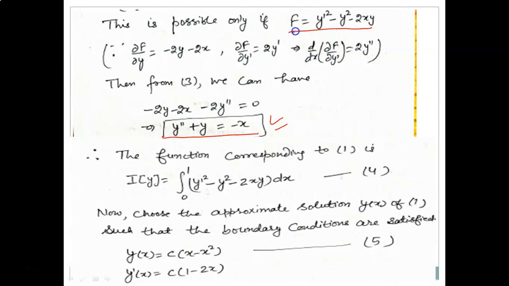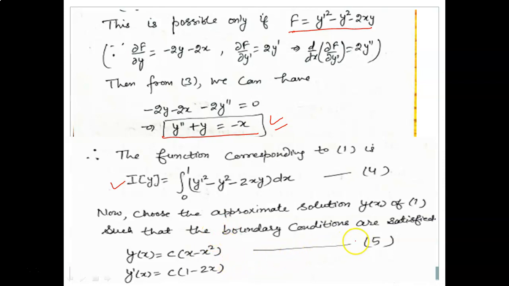Once you obtain the value of f, you can form the corresponding functional, and the functional is given by this I[y] equal to integral from 0 to 1, and here f is this thing. So substitute it here. Next is to find the approximate solution. So how to find the approximate solution in this case?